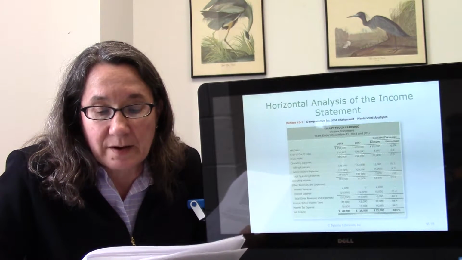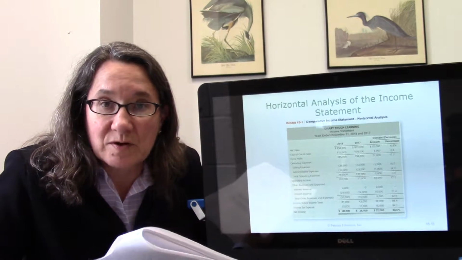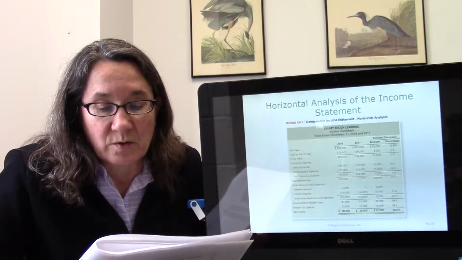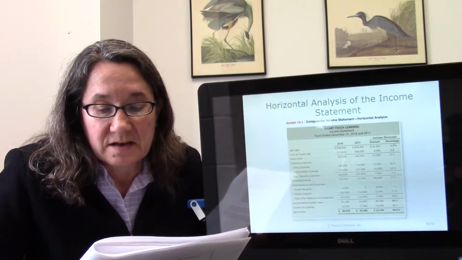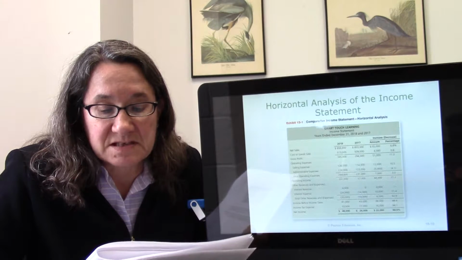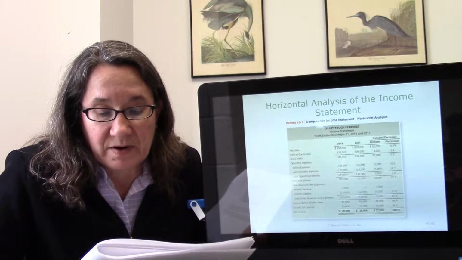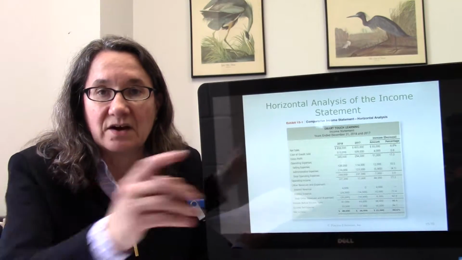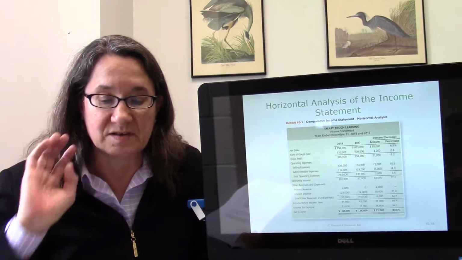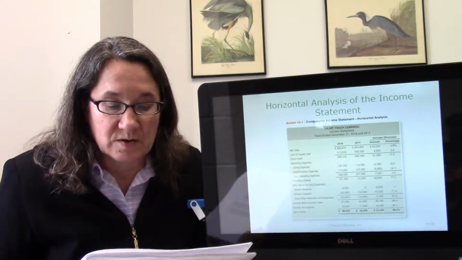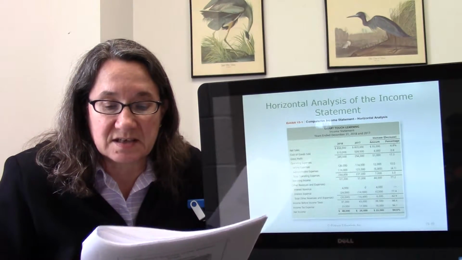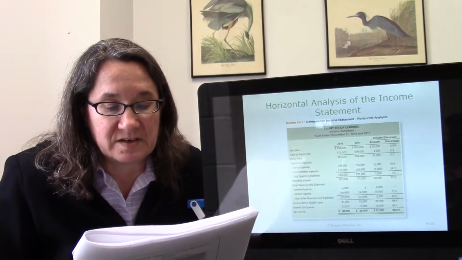Your gross profit's going up by 17.3%. Right? So things are going up and down. Selling expenses and administrative expenses decreased. You know, they're doing well. Net income increased 84.6%. If you take it all the way down to the bottom, you can see the change. So the horizontal analysis of Smart Touch Learning's income statement is shown in Exhibit 15.1.